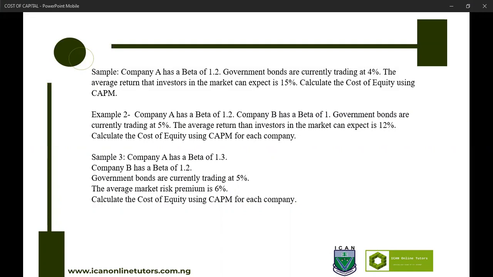What we have is the risk premium, and this risk premium represents your RM minus RF. So beta is 1.3 and 1.2. Risk-free rate of return is 5%. So let's calculate the cost of equity.